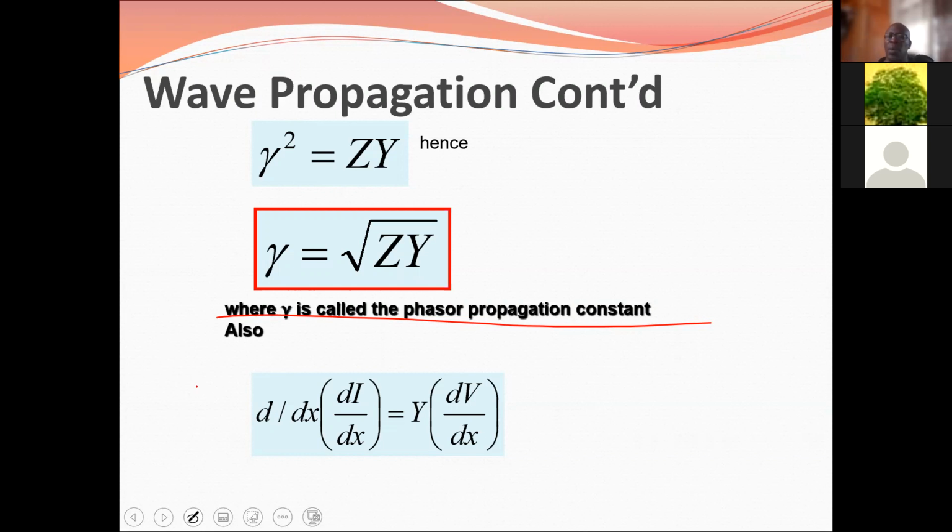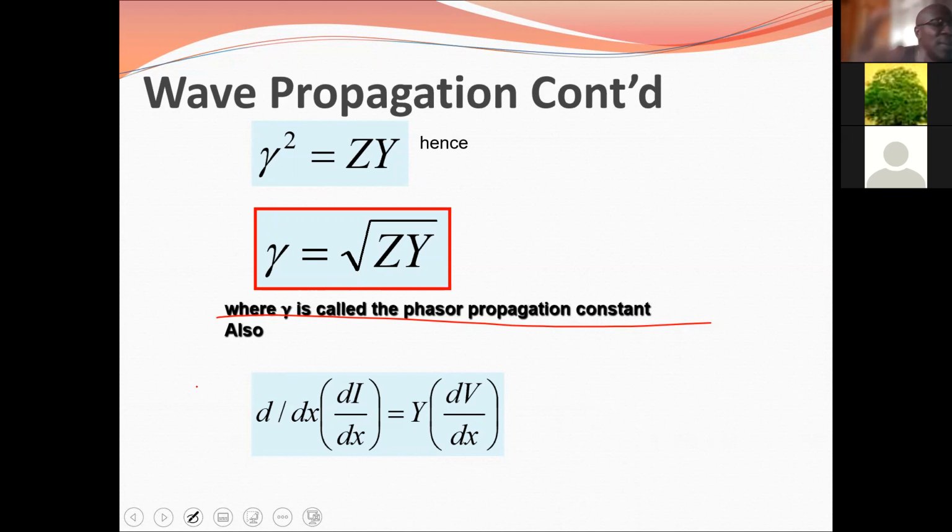Now remember we said that di/dx was equal to YV. So d/dx of di/dx, or the second differential of I with respect to x, will give us y times dV/dx.